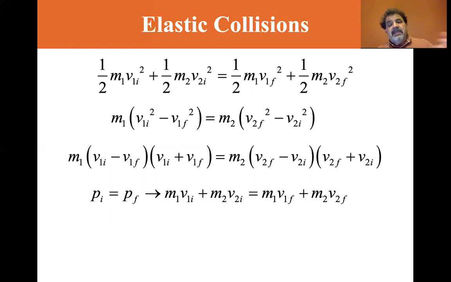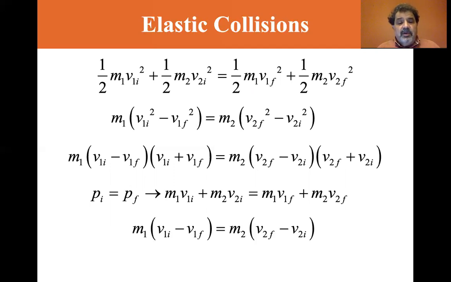Now, if we look at the momentum equation and we group the M1s and the M2s together, we'll come up with M1 times V1 initial minus V1 final equals M2 times V2 final minus V2 initial. Now, if we divide that middle equation by this one that we just printed, the M's cancel, and the subtractive parts of the V initial and V final cancel also.